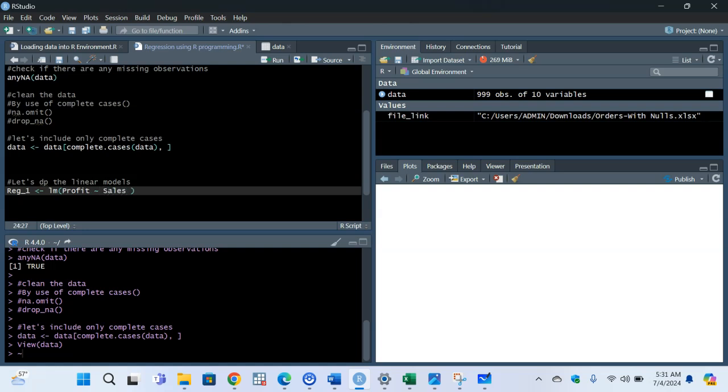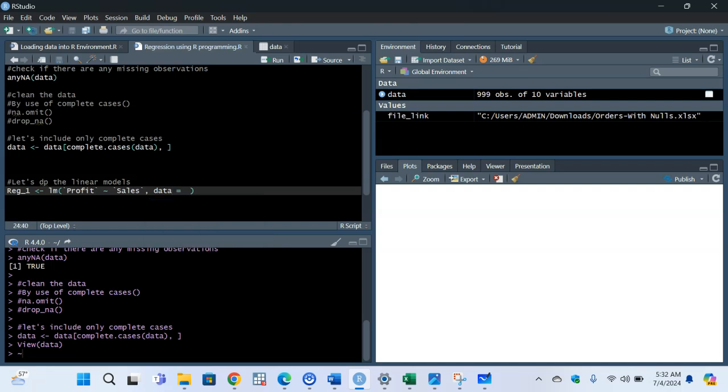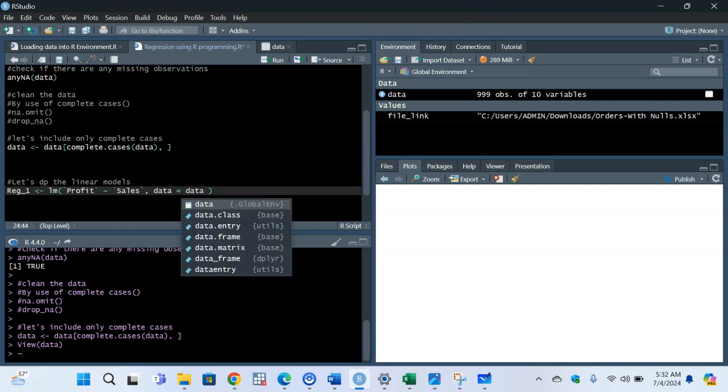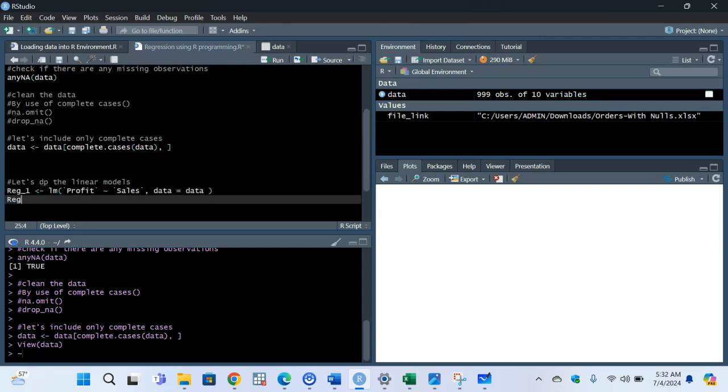First of all we need to put the quotation marks, because these are variable names. Then of course we're saying data is what? We are using the data we loaded here, data. So this is the first model. The second model, we call it regression 2.